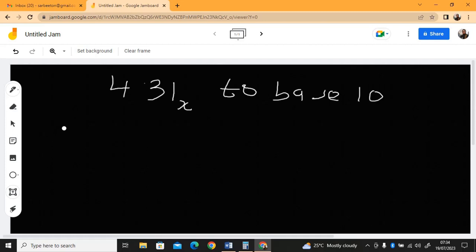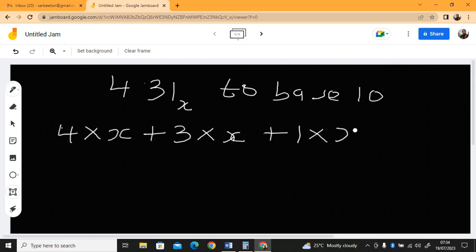You're going to multiply each of them by x. That will be 4 times x plus 3 times x plus 1 times x.